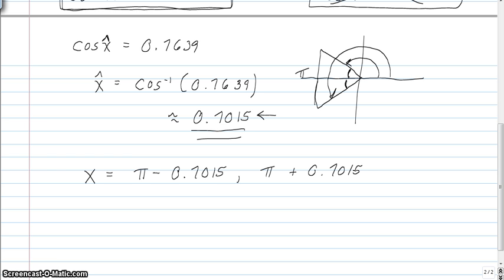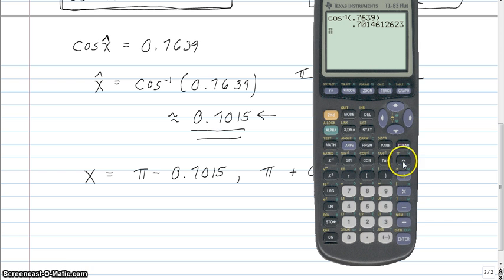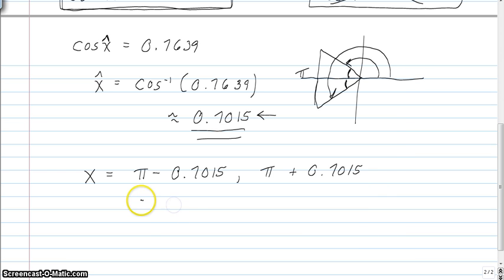And if I do those, let's just see. Again, I'm going to have to round these, so I've rounded several times, but pi minus 0.7015 is about 2.44.